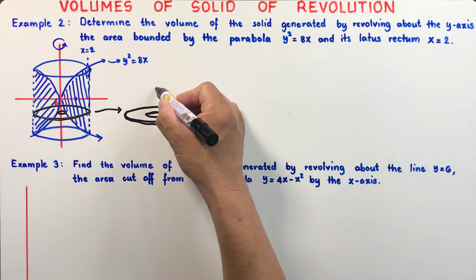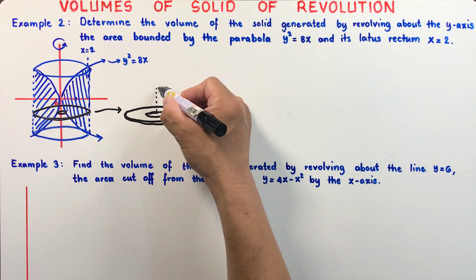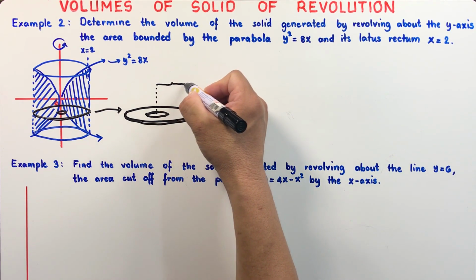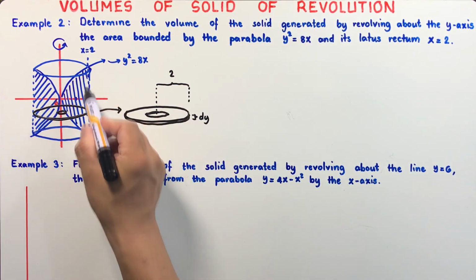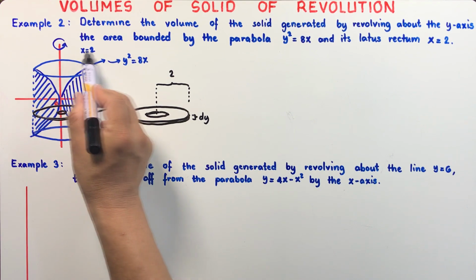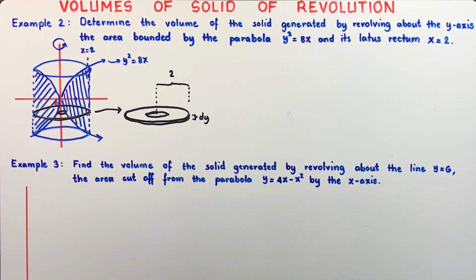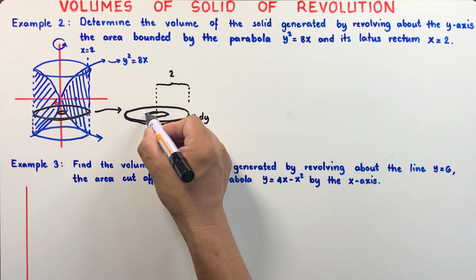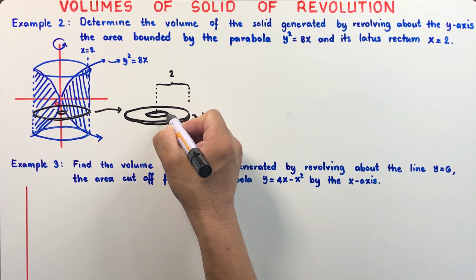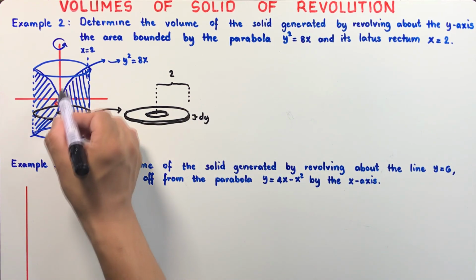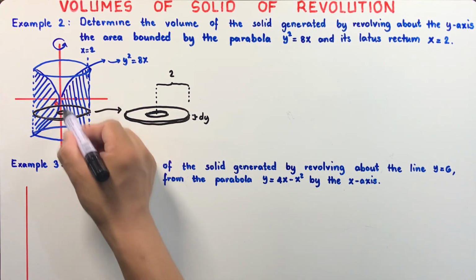Now at this time, the radius of this washer is 2 because this line has the equation x equals 2, which is 2 units from the center. But the radius of the hollow, this inner circle here, is dependent on the x coordinate of this curve.